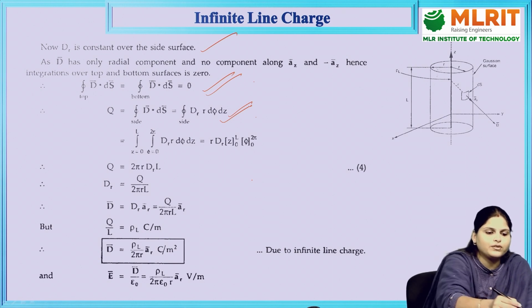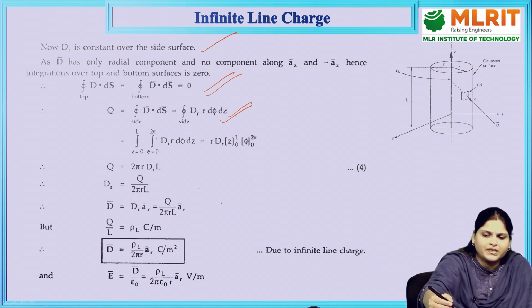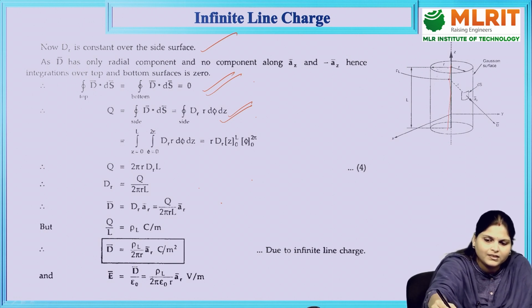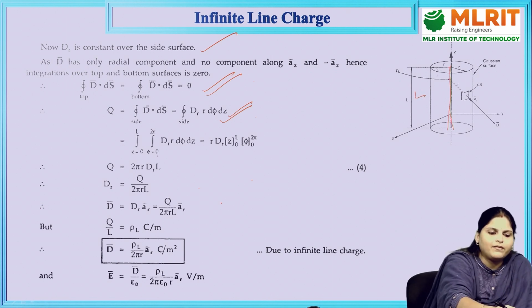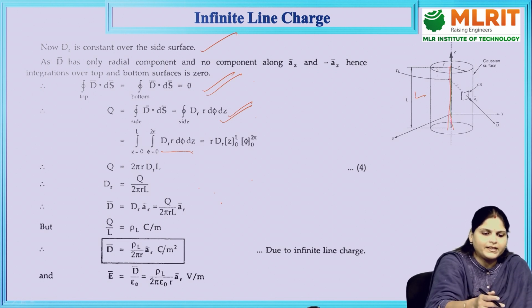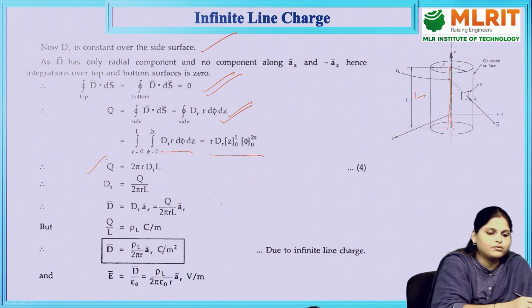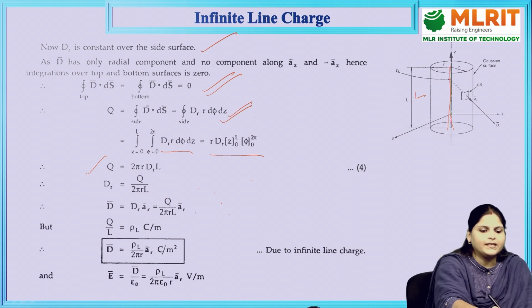The limit of z is 0 to L, or it can be taken as minus infinity to infinity, but here for our cylinder the length is L, so it can be taken as 0 to L, and phi as usual has limits 0 to 2 pi, and the remaining formula is the same, D_r r dphi dz. When we integrate and simplify, we get Q is equal to 2 pi r D_r L. D_r is Q upon 2 pi r L, and D is equal to D_r a_r. We put the value of D_r into this formula and we get Q upon 2 pi r L a_r.